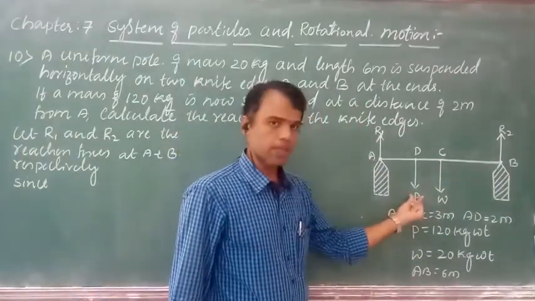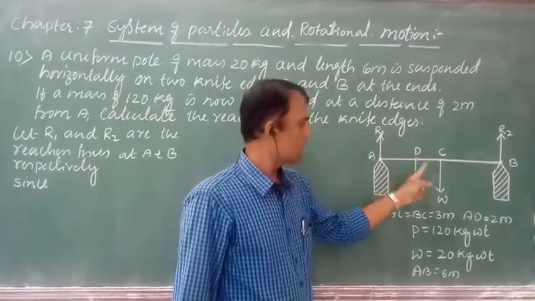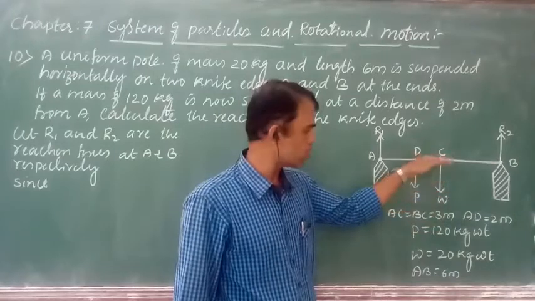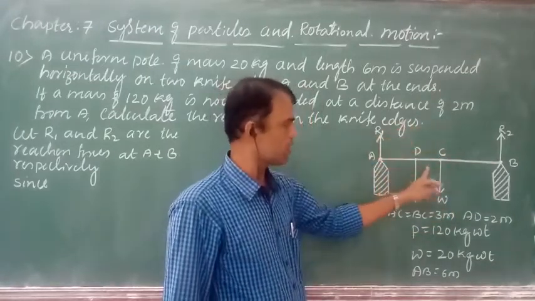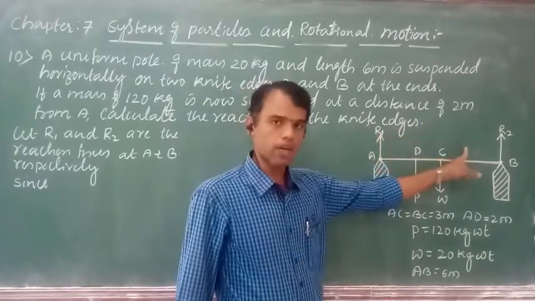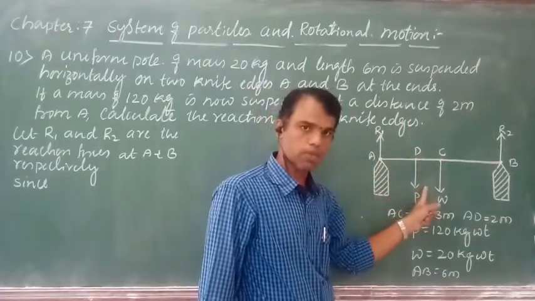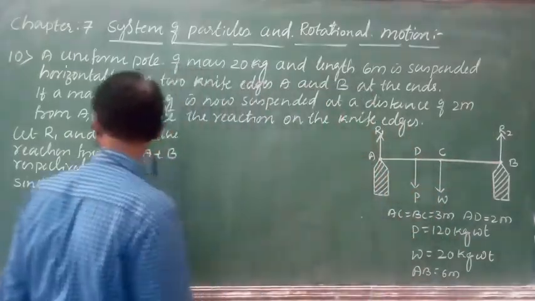One is P, which acts at point D, and another is the weight of the pole, which acts at point C. These two are the downward forces. And the upward forces acting on the pole are R1 and R2. When the sum of these upward forces is equal to the sum of the downward forces, the pole remains horizontal.